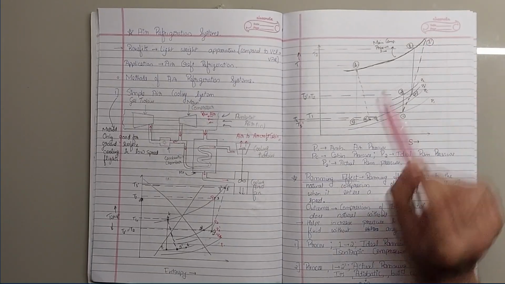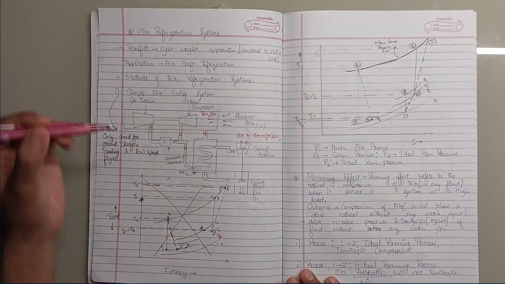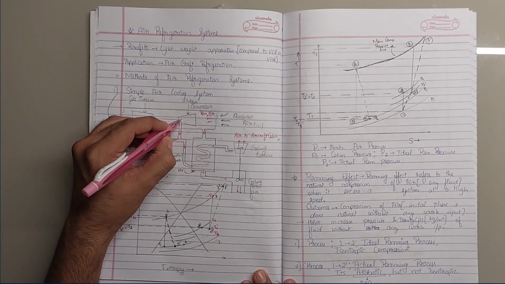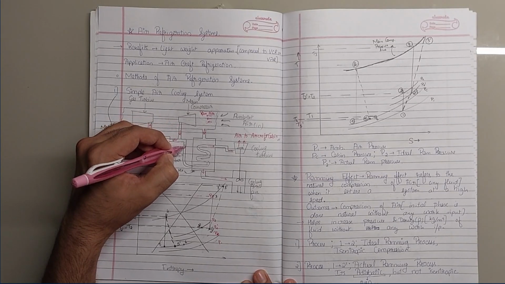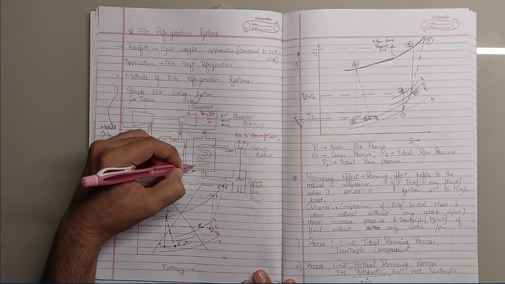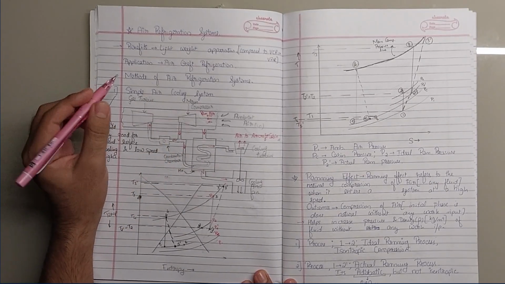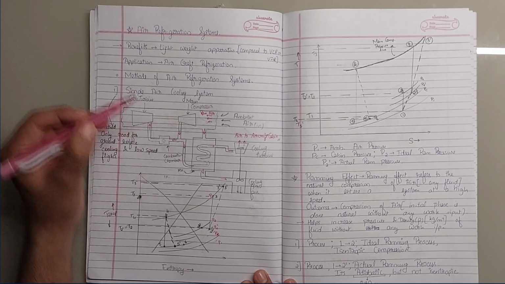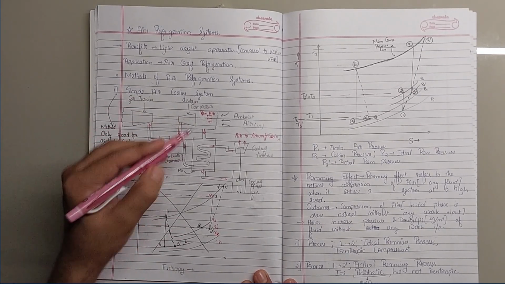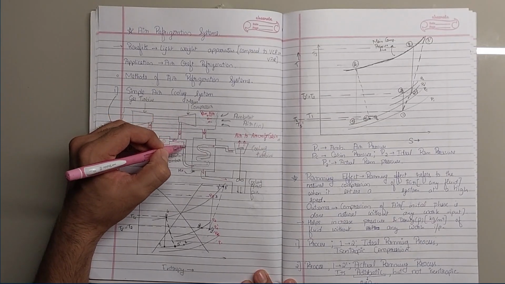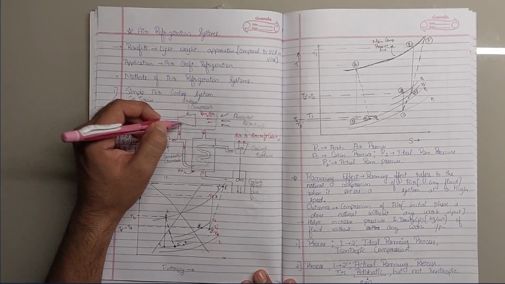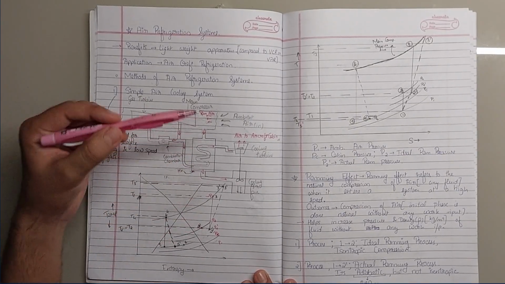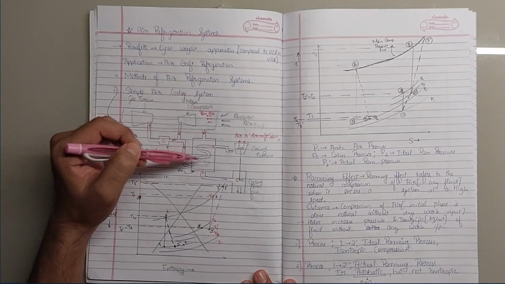After 3 dash, it goes to point 4. At point 4, there is a heat exchanger. The air coming out of the main compressor is fed into a tube inside a heat exchanger. Since it is at high pressure, the temperature of the air also increases. To decrease the temperature of this air, it is passed through a heat exchanger, which is typically a shell and tube heat exchanger.